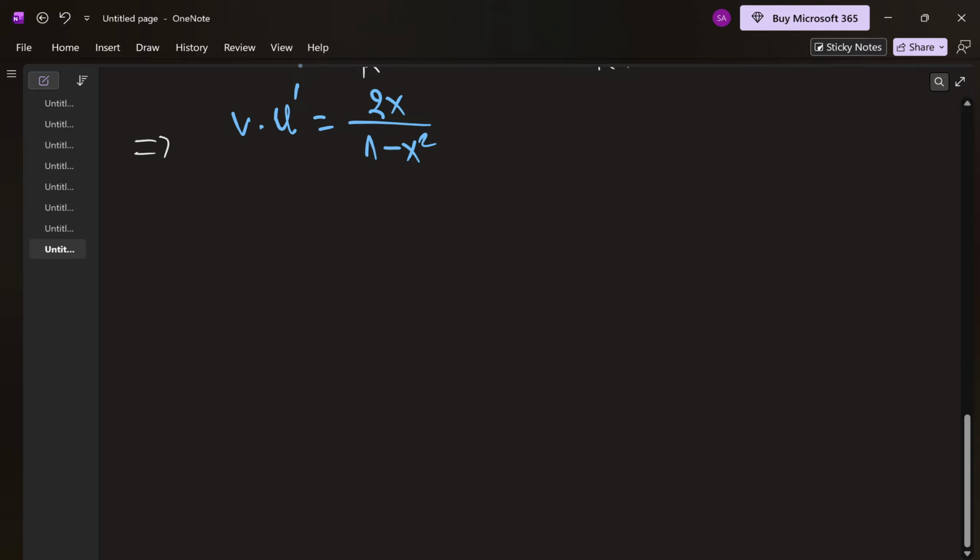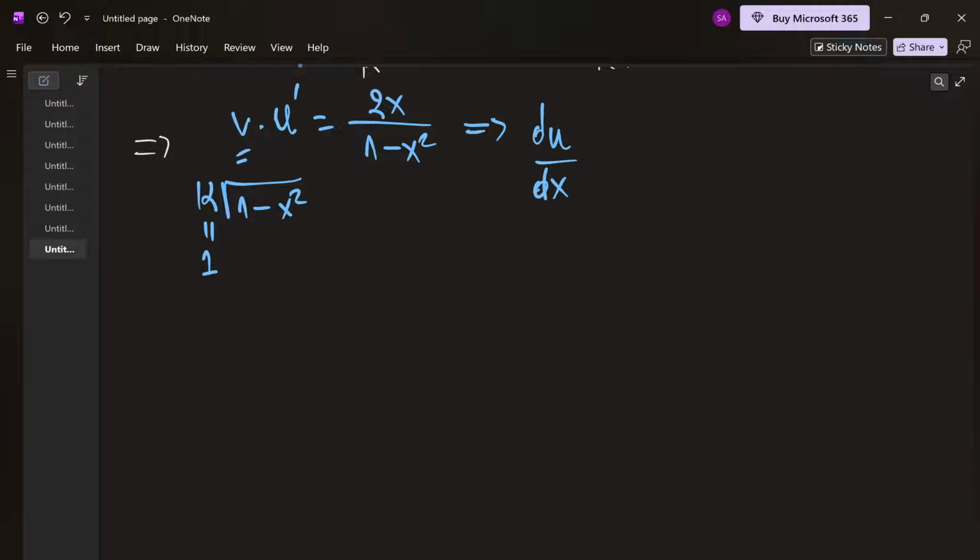So let's solve this equation. Remember that v is equal to k times the square root of 1 minus x squared. So when you substitute this, you will simply need one solution. So you take k is equal to 1. So you have du over dx is equal to 2x over 1 minus x squared, and this is divided by v, which is the square root of 1 minus x squared.